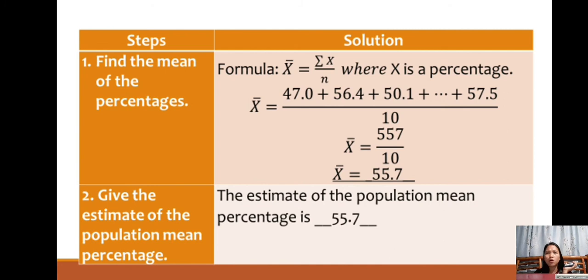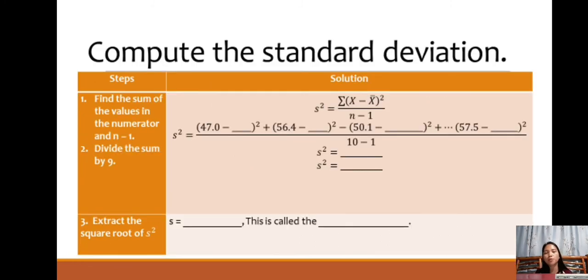So the sum of all 10 samples is 557. Okay, you can follow. And 557 divided by 10 is equal to 55.7. That is why the estimate of the population mean percentage is 55.7.